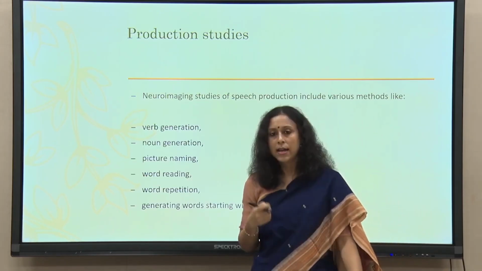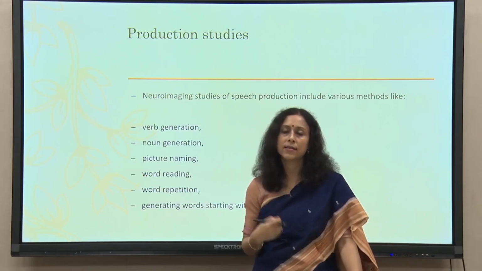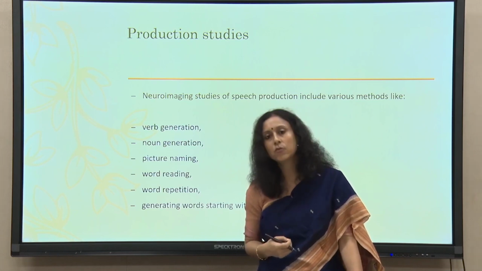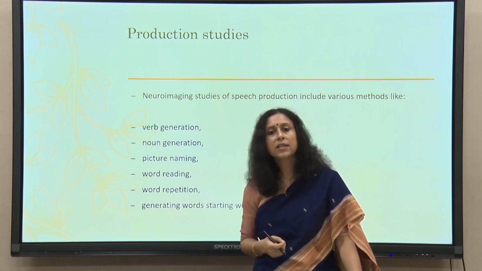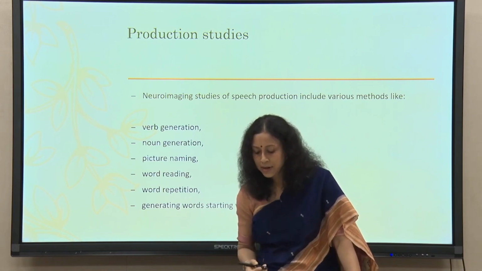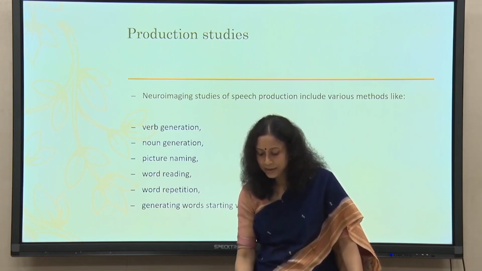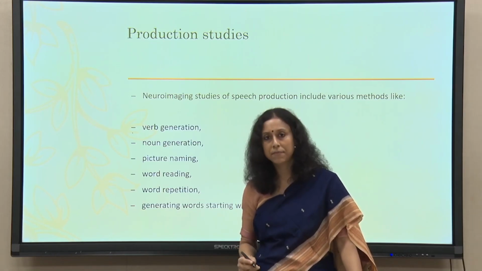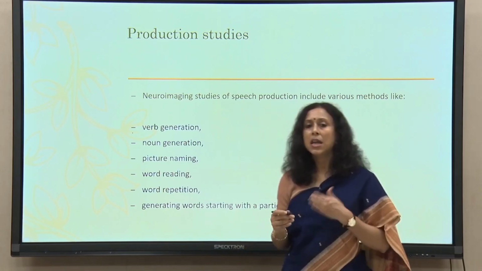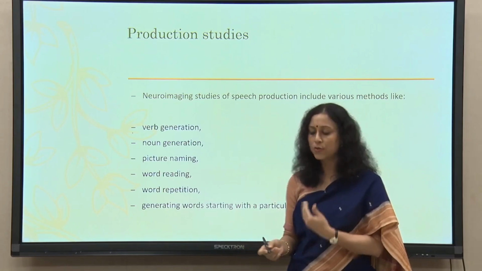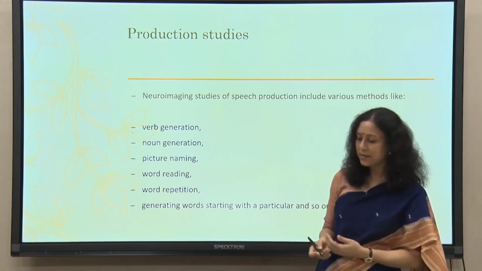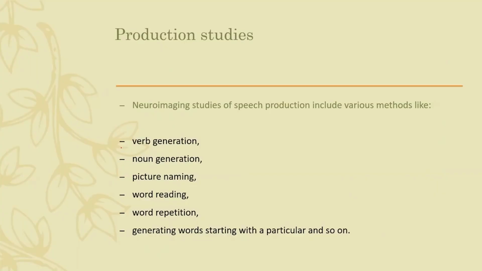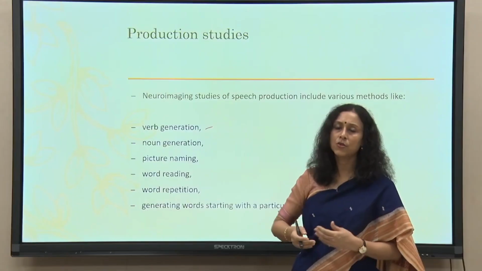The model has been tested through various neuroimaging studies that utilized various kinds of linguistic methods. There are neuroimaging studies that make the subjects do many of these experimental tasks. They can be verb generation, noun generation, picture naming, word naming, and so on and so forth.